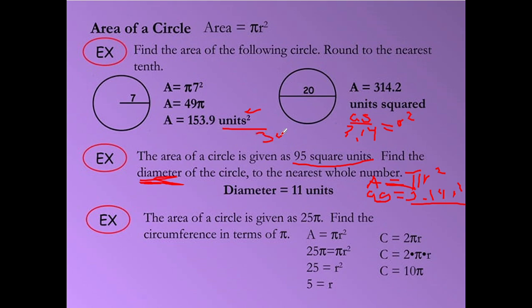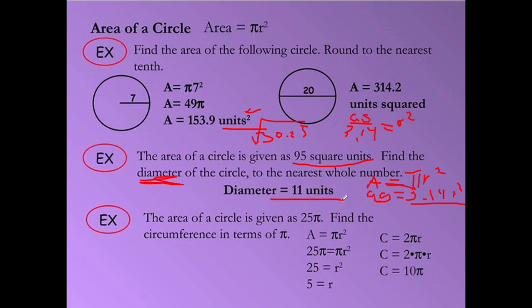We put 30.25. To remove the square on r, we take the square root of both sides. So what remains is r, which is the square root of 30.25. So, the square root of 30.25 is 5.5. So, 5.5 is the radius. If we are looking for the diameter, we just multiply it by 2. So, 5.5 times 2, the answer is 11.